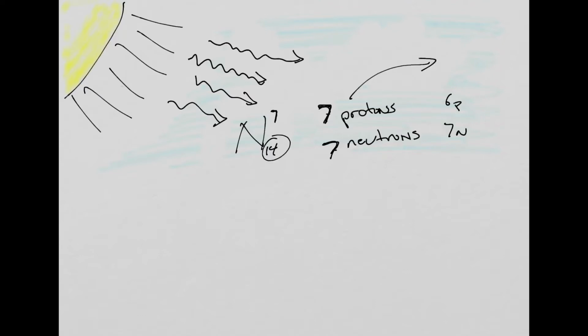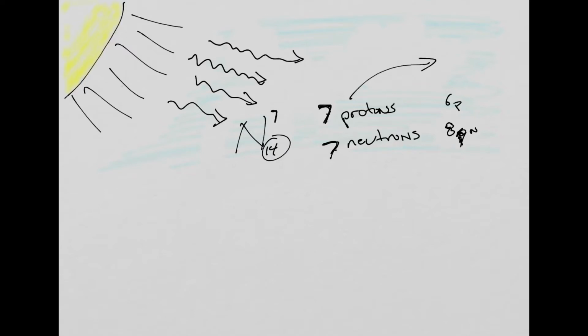Or perhaps I should say this energy comes in and converts the proton into a neutron, or it adds a neutron to the neutrons. In either case, you end up with 6 protons and 8 neutrons.